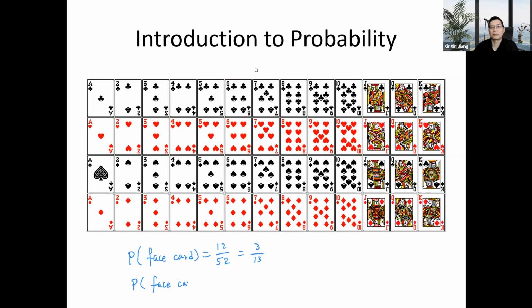Let's find the probability that a card is a black number card. So not a face card, it's a number card. Ace is a number card, it's 1, okay? Black number card. What is that?